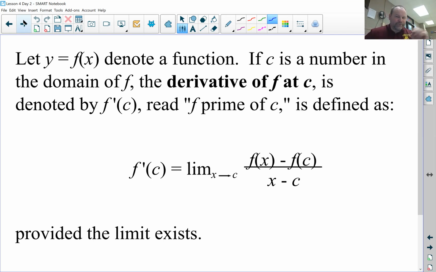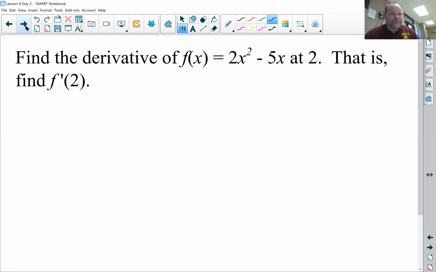We're going to look at a couple of different ways to evaluate derivatives today. The first way is just going to be using that definition. So find the derivative of f of x equals 2x squared minus 5x at the value 2.